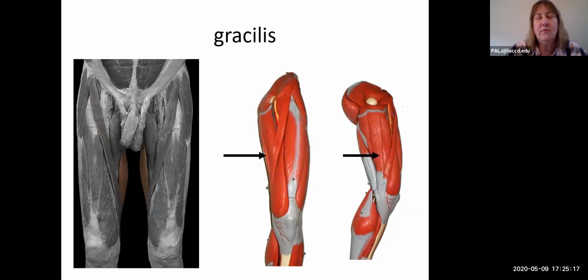And that's a beautiful little slip, very graceful muscle known as the gracilis. And this is the first of the muscles that are going to be adducting, bringing our thighs back towards the midline. We have a whole bunch of adductors. Most of them have the word adductor as the first word of the muscle. This one does not.